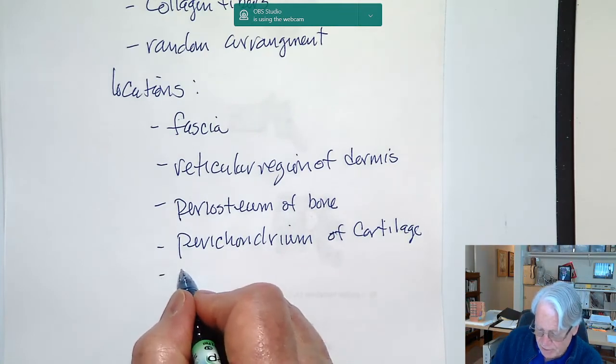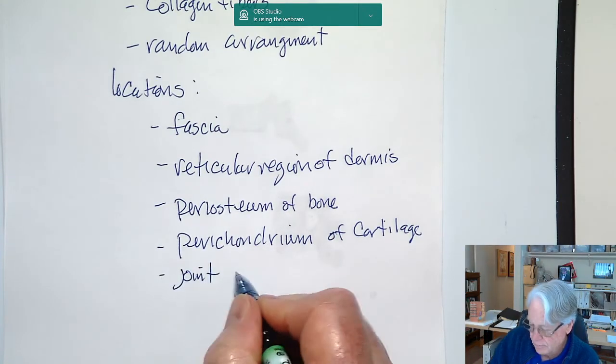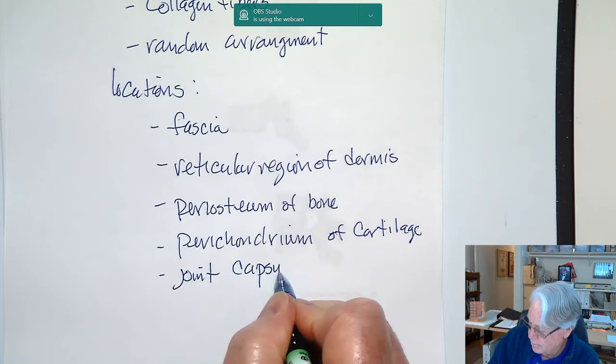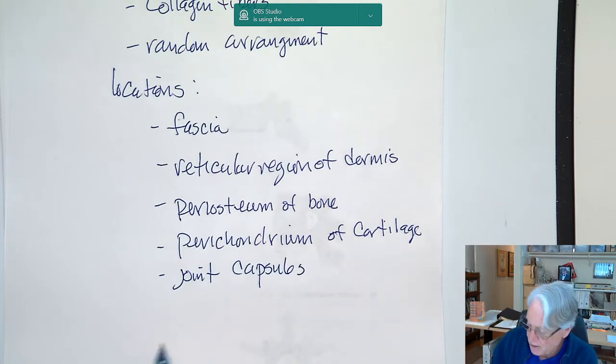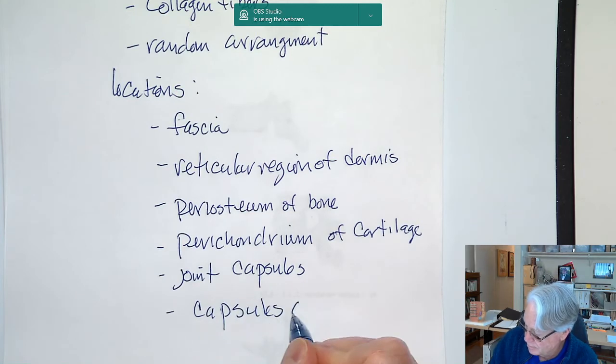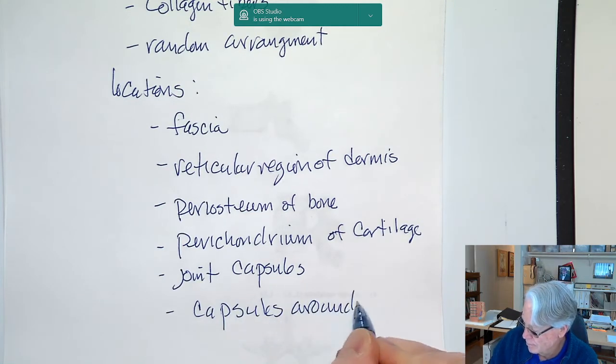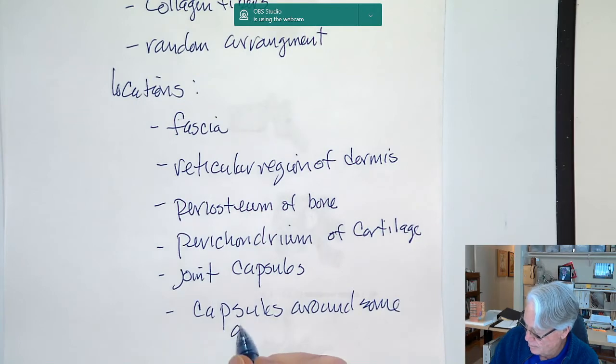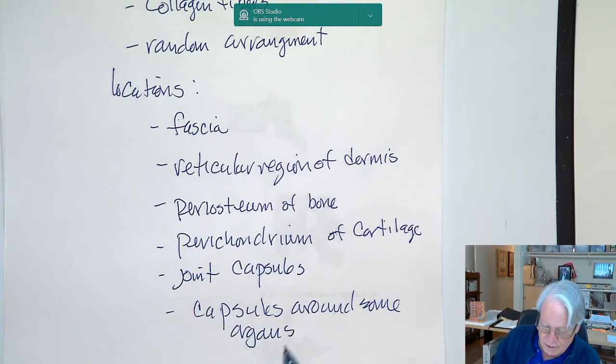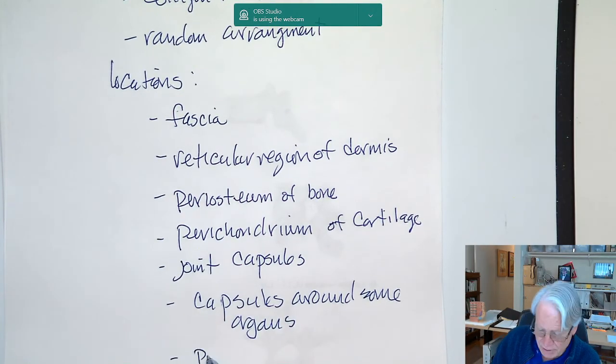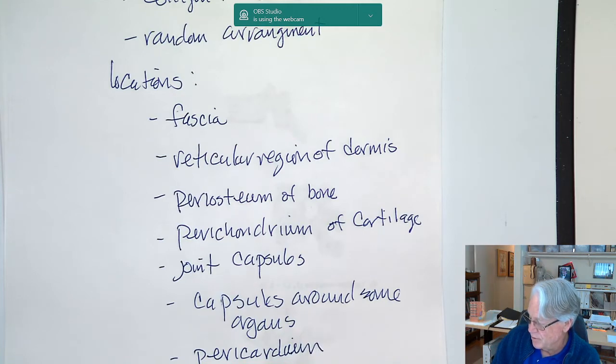Joint capsules, and the capsules around some organs, and also the pericardium, which is a layer around the heart.